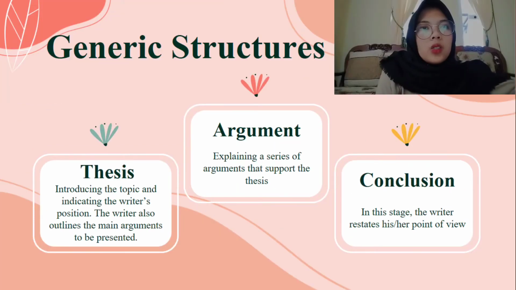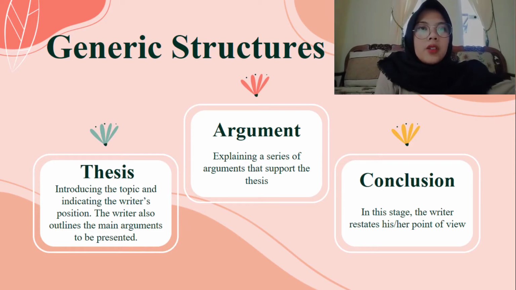In the next slide, we have the generic structures of analytical exposition text. First is thesis. In thesis, the writer introduces the topic and indicates the writer's position. The writer also outlines the main argument to be presented. Thesis is always found in the first paragraph of the text.